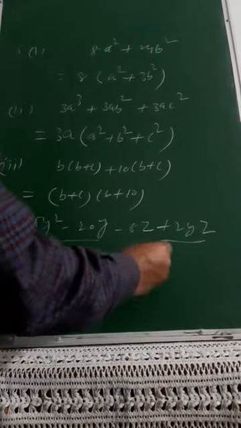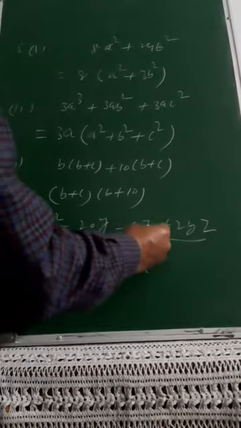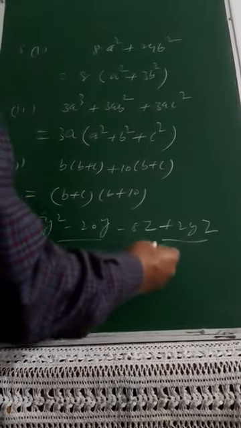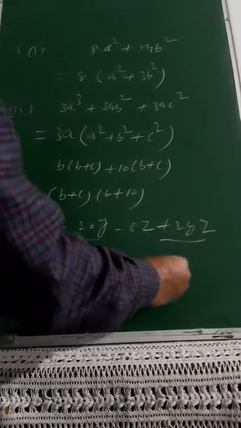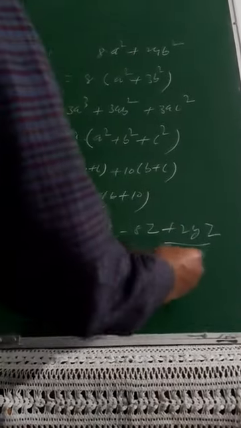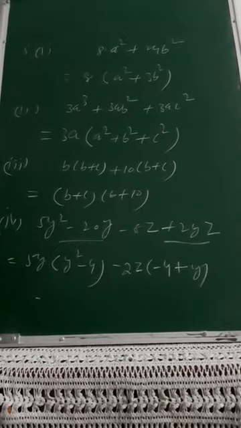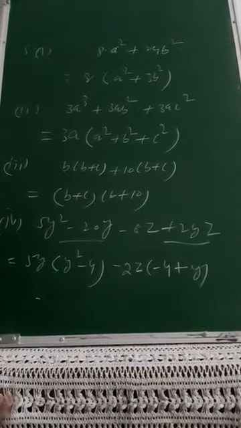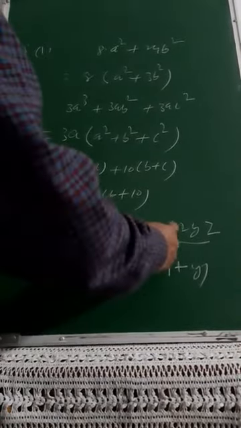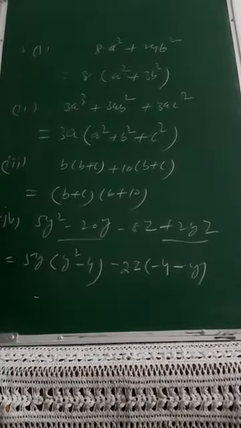If I take 2z common, I will be left with minus 4 here. And plus, I will be left here with only y. Minus 2z is common, but I have taken minus 2z common, means plus divided by minus will give you minus here. So this will be minus 4 minus y.